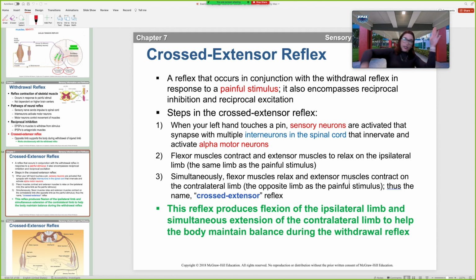So it's like the exact opposite thing going on with the other arm, again, to maintain balance, okay? It causes the flexor muscles to relax and extensor muscles to contract on the contralateral limb, thus the name, the crossed extensor reflex. This reflex produces flexion of the ipsilateral limb and simultaneous extension of the contralateral limb to help the body maintain balance during the withdrawal reflex.